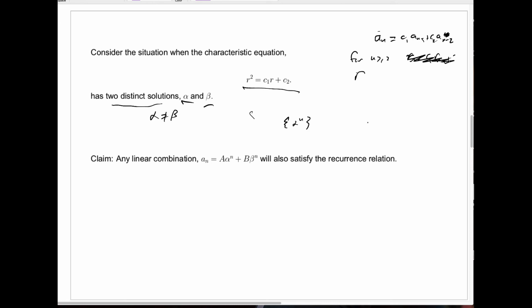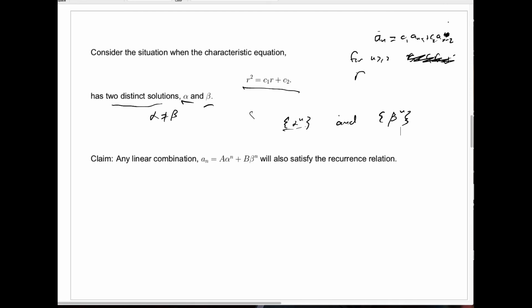There's our recurrence relation, and that will hold for terms of this sequence, and for terms of this sequence, beta to the n. So we'll have at least these two different sequences that satisfy the recurrence relation.